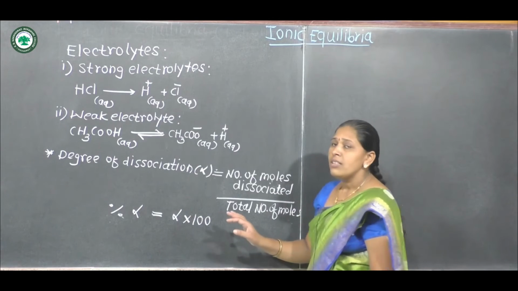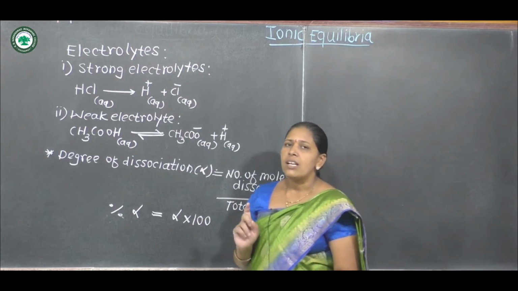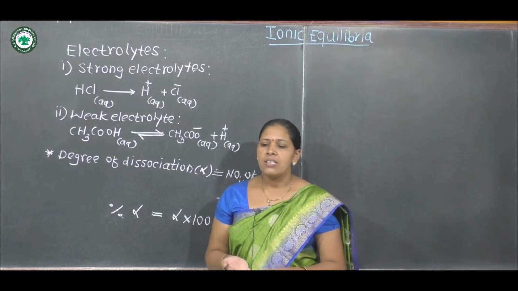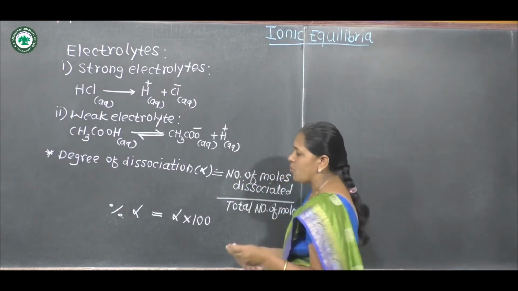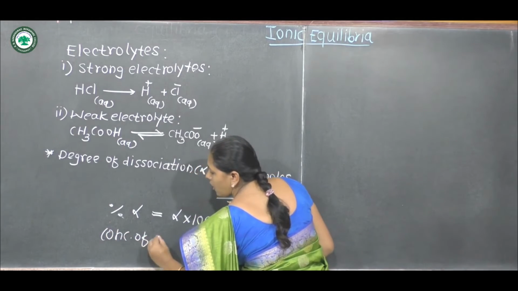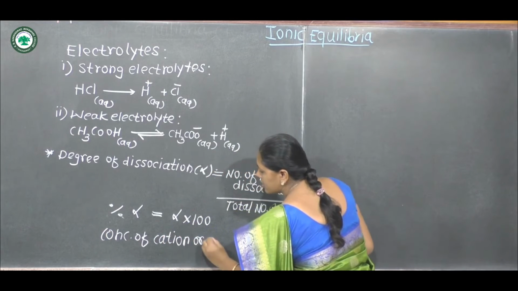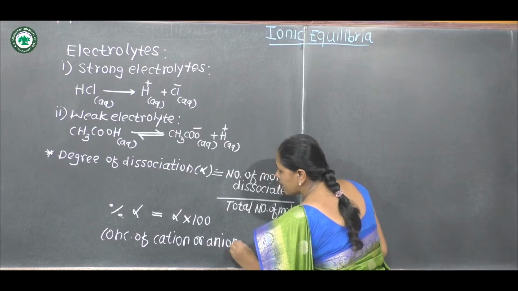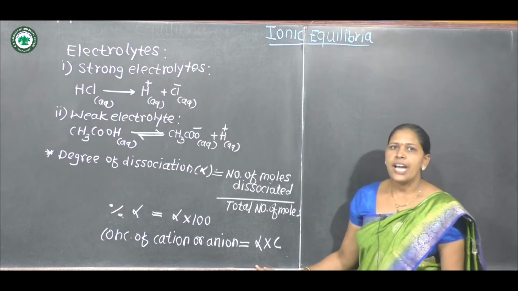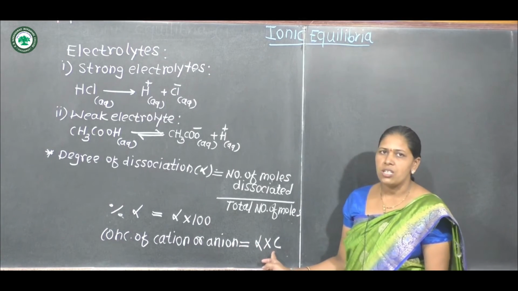Then from alpha, the value of degree of dissociation, we can calculate either the concentration of cation or concentration of anion, or concentration of solution also. Concentration of cation or anion is equal to alpha multiplied by C. We know that alpha is degree of dissociation and C is the concentration of solution.